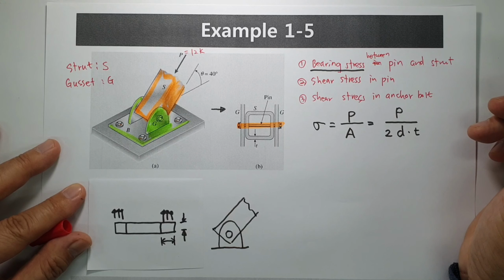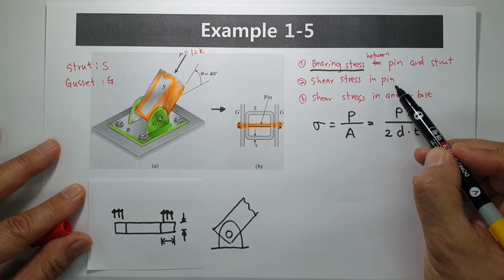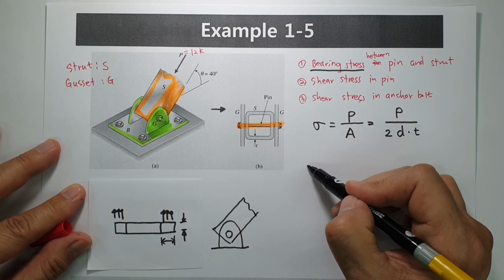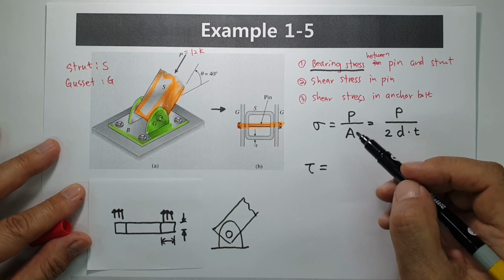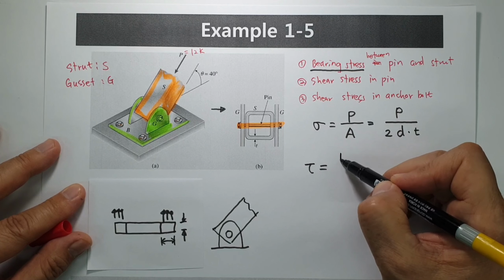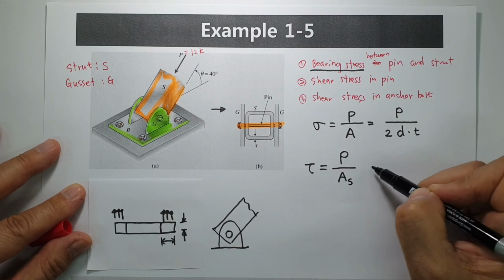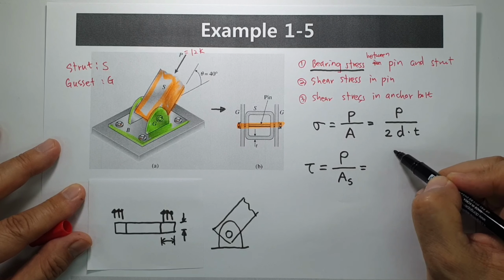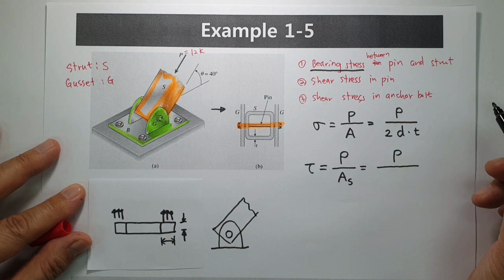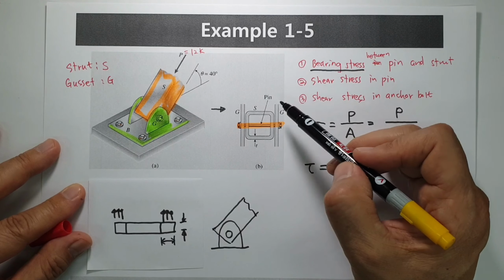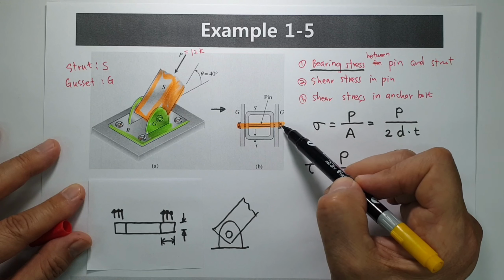Next, shear stress in the pin. Shear stress tau equals what? The external force divided by the shear area. P is the same, and we would like to know the shear area. When you give some force on the strut, this force is acting on this pin.